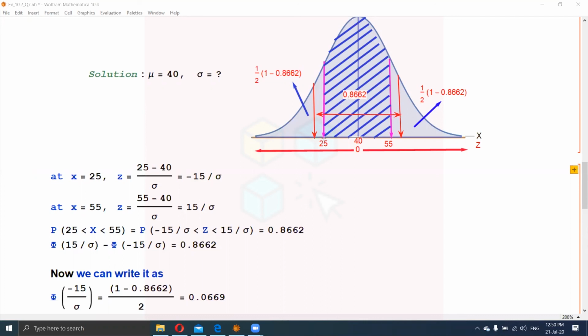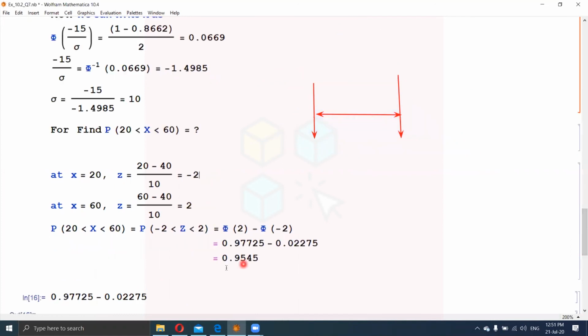Previously, the area was given as 0.8662 between these two points, 25 to 55. So whenever the area is increasing, its answer is definitely more than 0.8662. And in our case, the result is 0.9545.